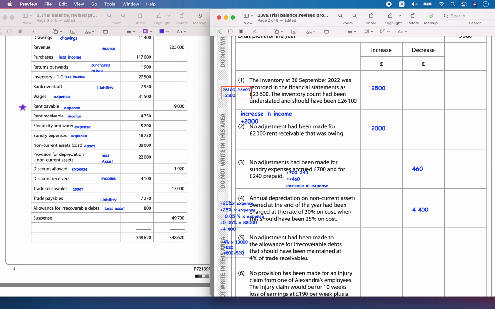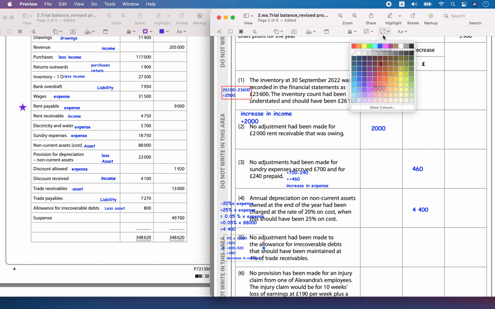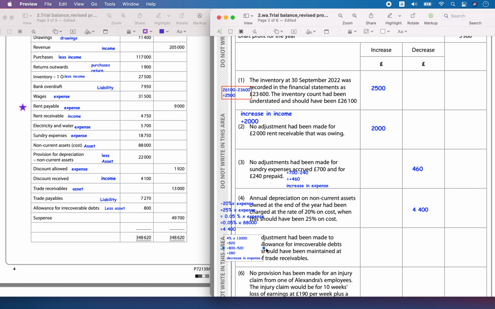So 800 minus 520 is equal to 280. There should have been a decrease in expense.